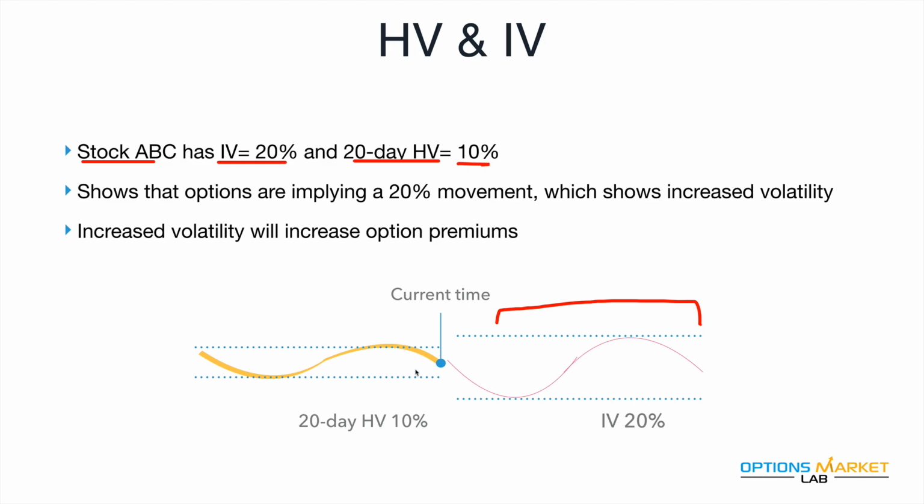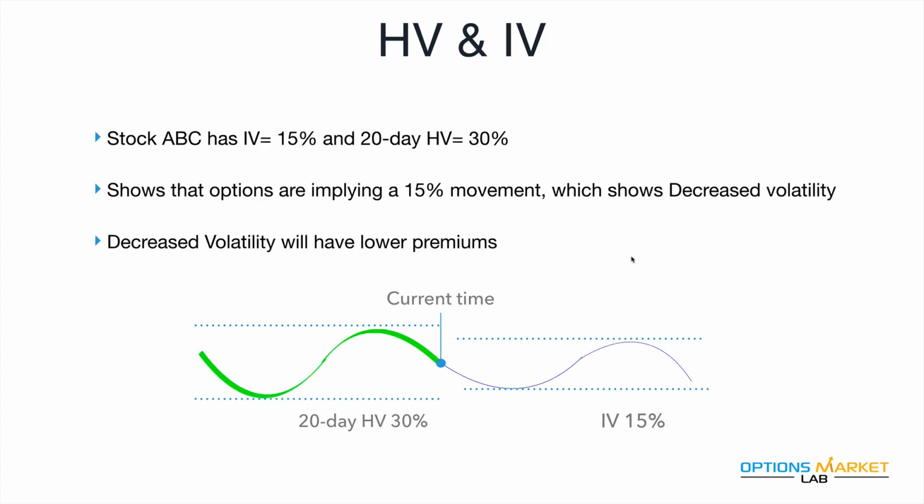That's saying that in the past, the volatility was at 10%. But all of a sudden it jumped to 20%, a change of 10%, which causes an increase in option premiums. That means there is news, or the market is implying that there is a larger move coming for that stock.